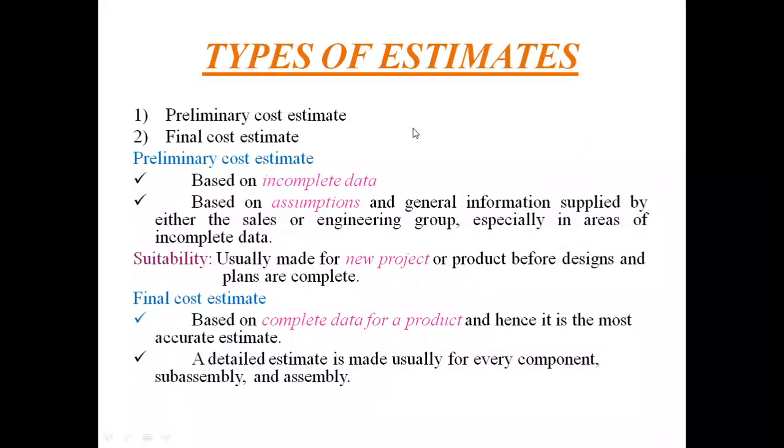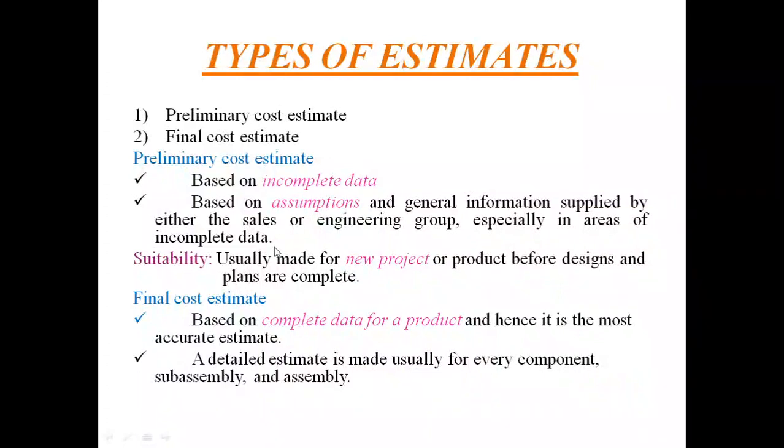Preliminary cost estimate. Preliminary cost estimate is based on incomplete data. These estimates are based on assumption and general information supplied by either the sales or engineering groups, especially in areas of incomplete data.